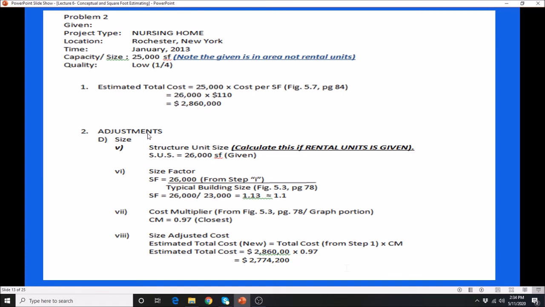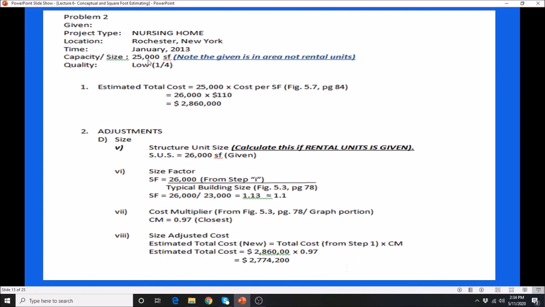And then you're going to do the adjustment. First one is the SUS. It's already given. You don't need to convert that. The next step is to determine the size factor, 26,000. That is given. Well, I think this is 26,000. That's 25,000, so I made a mistake here. This should be 26,000, so that's why I use here 26,000 divided by 23,000.